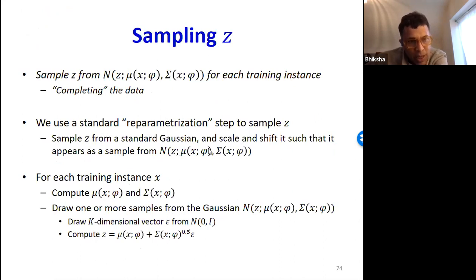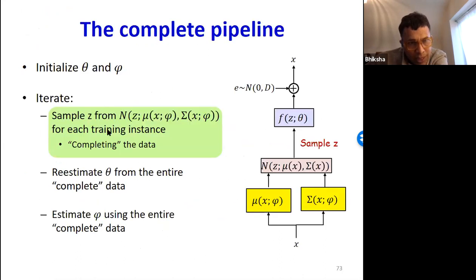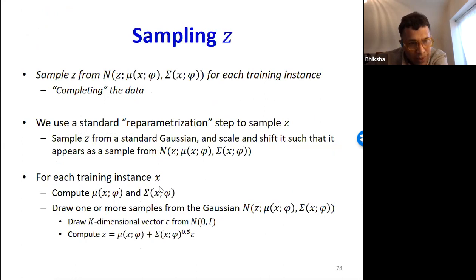So sampling Z here means that first, given X, you compute the mean and the variances. Then you draw samples from this Gaussian by first drawing a k-dimensional vector from the standard Gaussian, multiplying it by the square root of the variance, and then adding the mean.